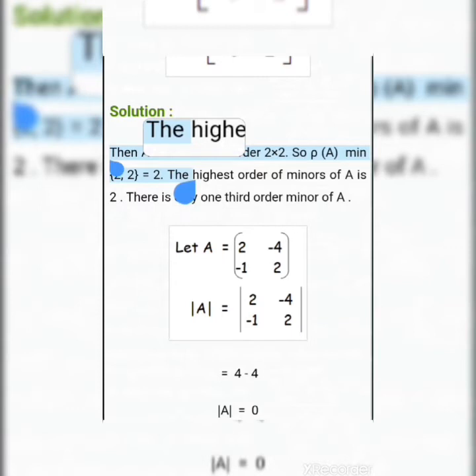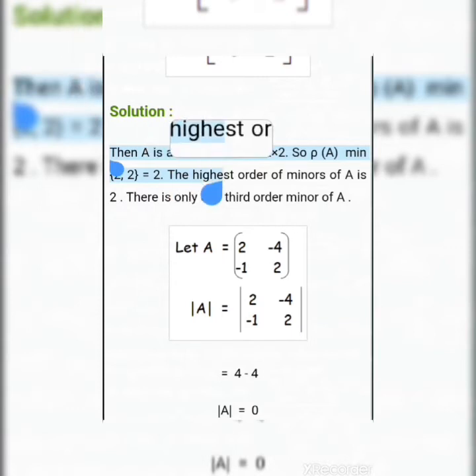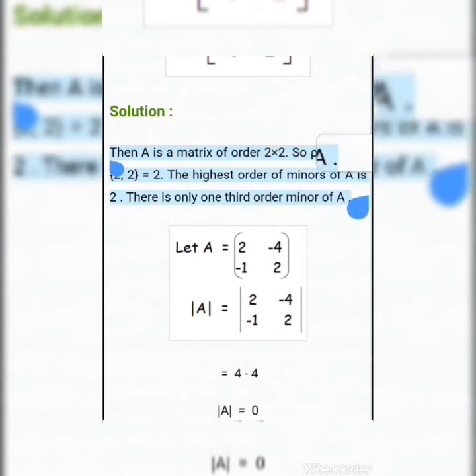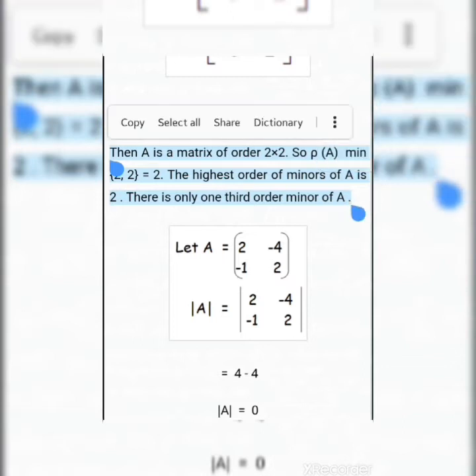The order of the matrix is 2 comma 2, and that minimum value is 2. The highest order of the minor of A is 2. There is only one second order minor of A.